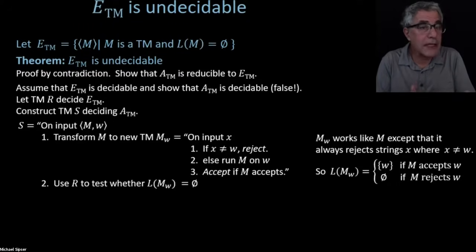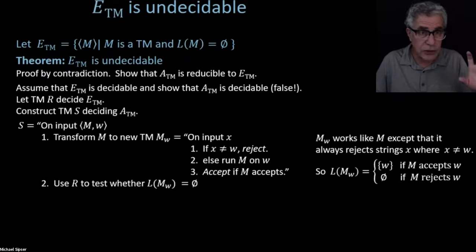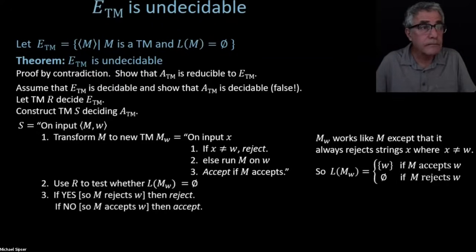Now, if its language is not empty, it has to be accepting W, because it's built not to accept anything else. So we don't care whether M sub W might end up looping. We're never going to run M sub W. I acknowledge it's a leap for many of you, so you're going to have to mull it over.